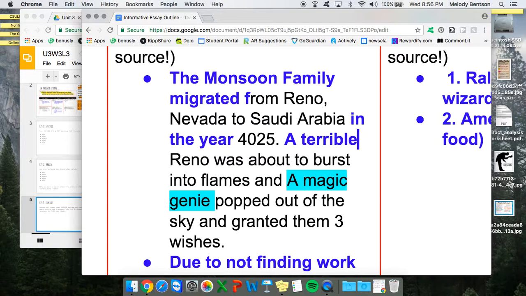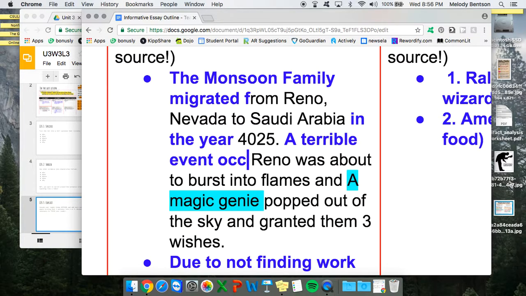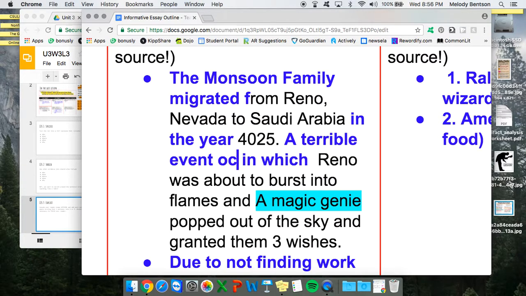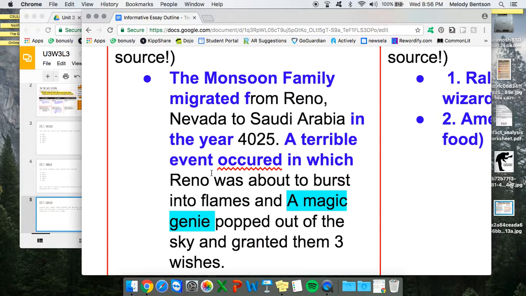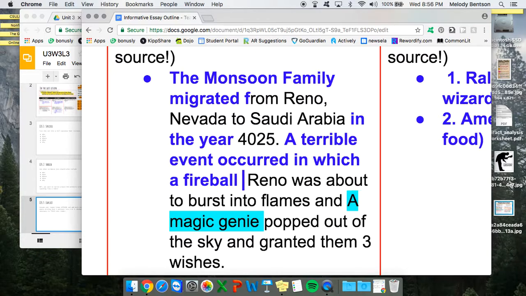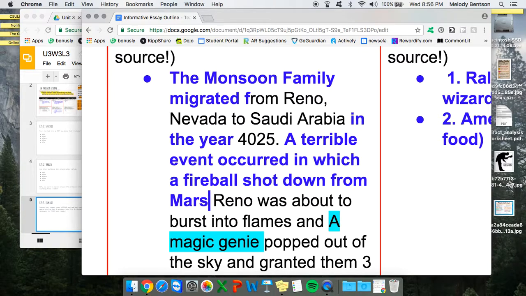I'm adding more information. A terrible event occurred in which, I remember from my reading that a fireball shot down from Mars. I'm not making this up.